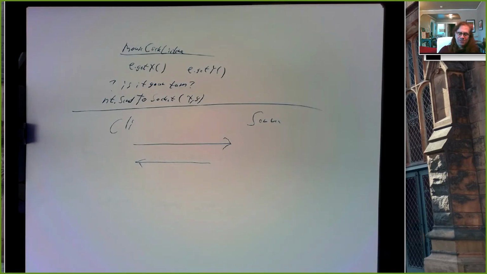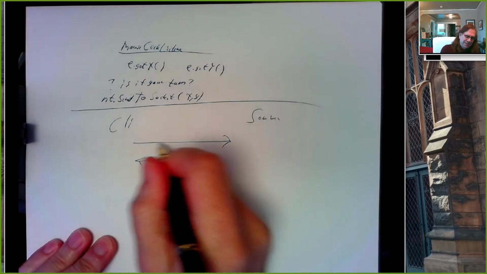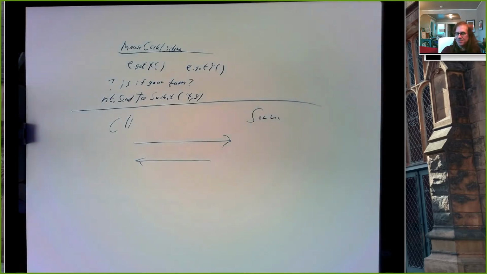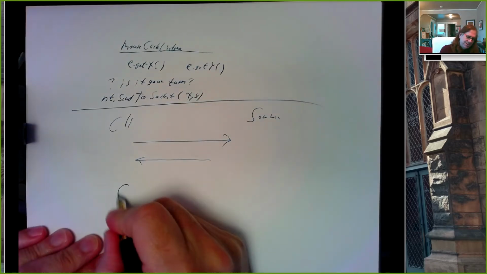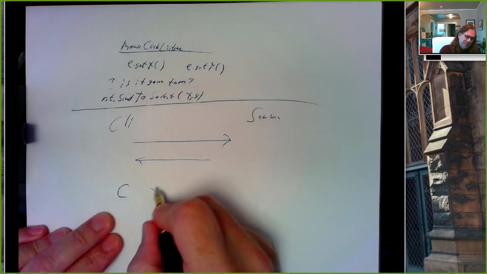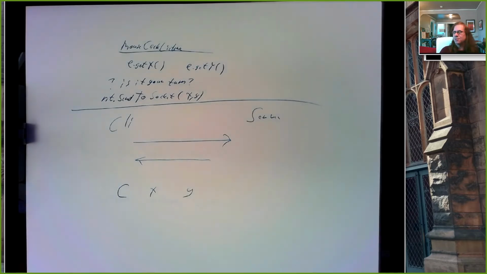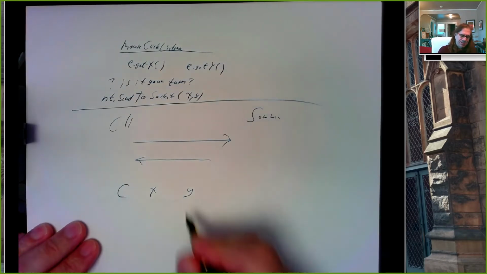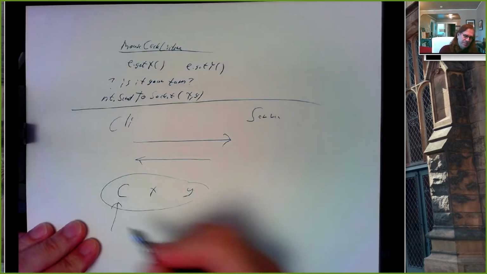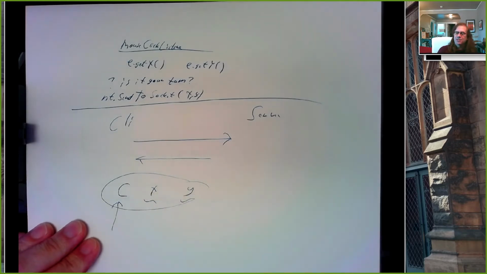The goal of that method is to send a message. If you're on the client, send it through your print writer so that the server will pick it up on their scanner. And what does the message look like? Well, it could be something like the letter C, space, the X coordinate, space, and the Y coordinate. That's a one-line message that you have to split up when you receive it from the scanner and say, oh, there was a mouse click, it was at XY.